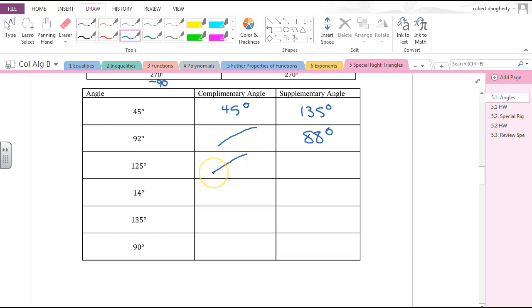No. What do I add to get 180? So I add what? 55, right? 55 degrees. 14, what do I add to get to 90? 76, is that right? And then what do I add to get to 180? 166.